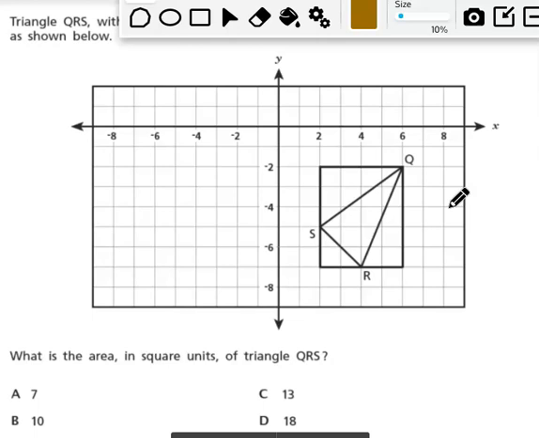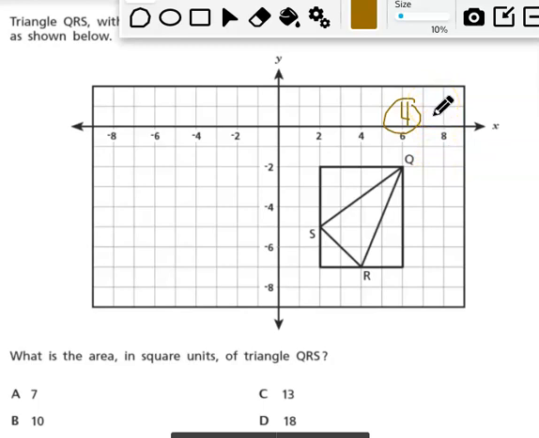For the y, I subtracted 6 minus 2, which was 4. And then I added that to what I got, 5 minus 2. So I got 7. So then the base would be 7.